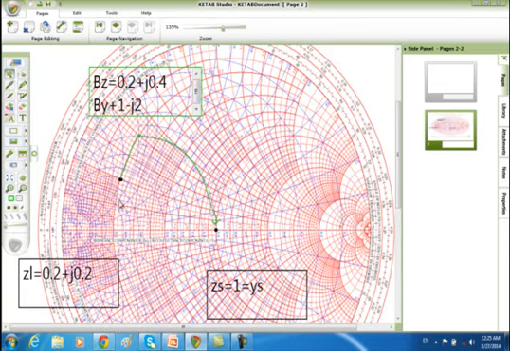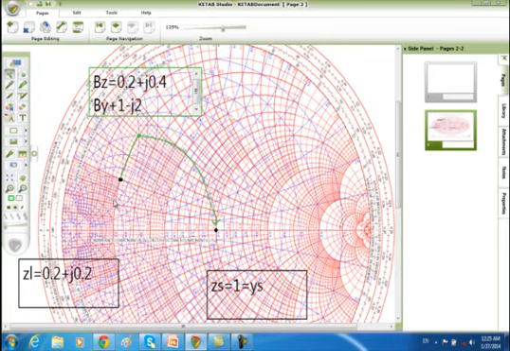In the first line we are adding a series inductor because we are moving along a constant R in the clockwise direction, and we are adding a parallel capacitor in the second line because we are moving along a constant G in the clockwise direction.